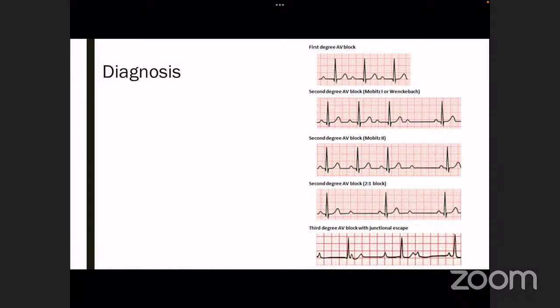For Mobitz type 2, the PR interval is fixed, but there is a sudden drop. For the third degree, the atrium is pacing alone and the ventricle is going alone. There is a fixed relation between the P to P and the QRS to QRS.